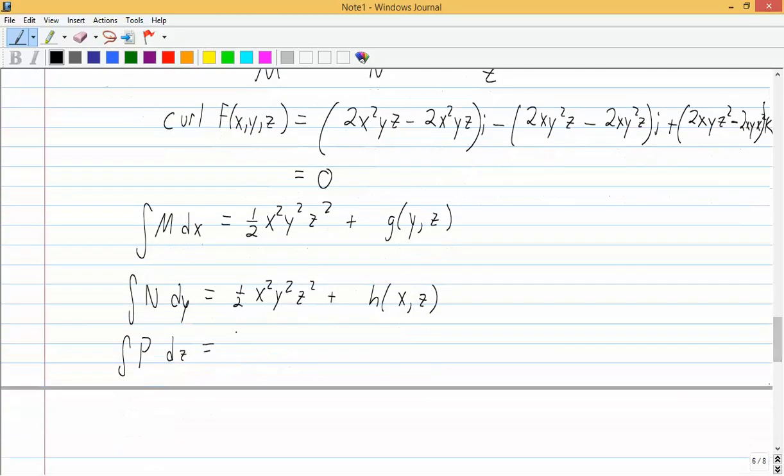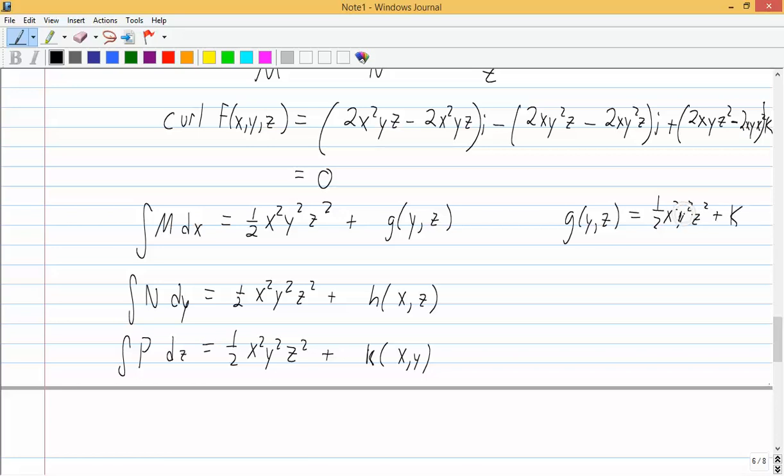So it's going to be 1/2 x squared y squared z squared plus some function I'm going to call lowercase k of xy. You compare the three and you can figure out that g of yz has to be equal to 1/2 x squared y squared z squared plus k, because that's the only function of y and z.